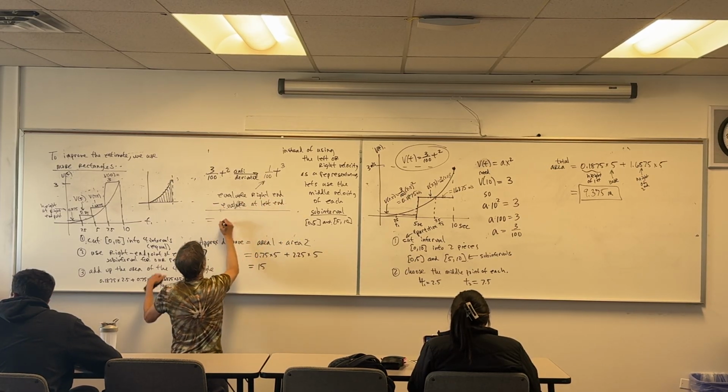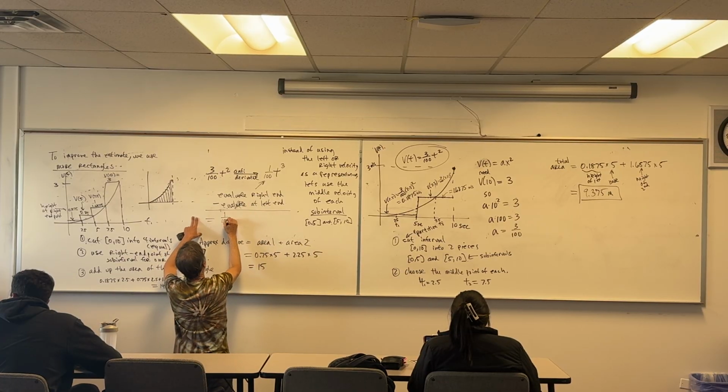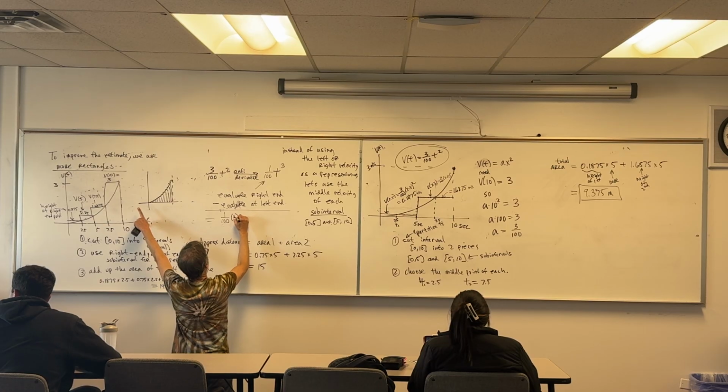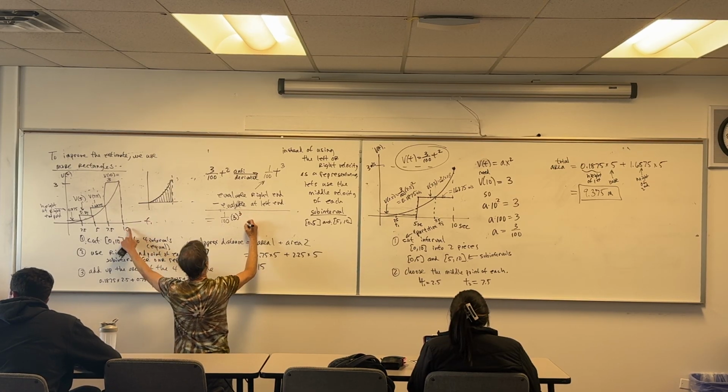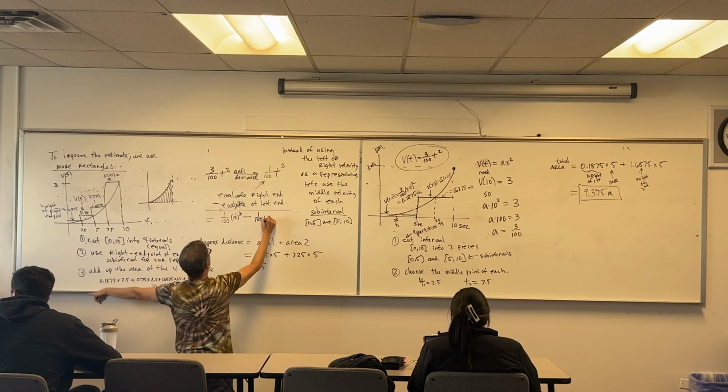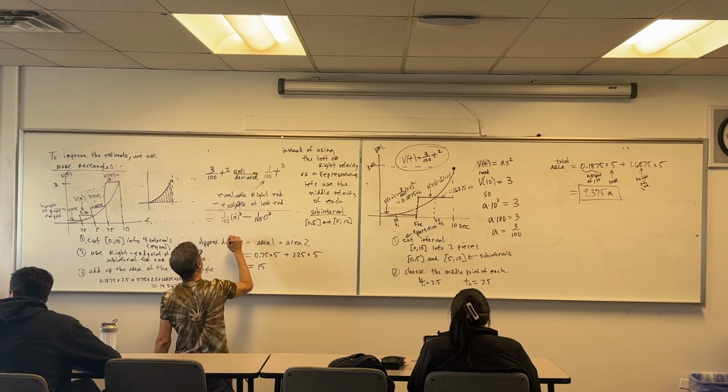And so that's going to equal 1/100ths times 3 cubed, 10 cubed, minus 1/100th times the left end, which is just 0 cubed.